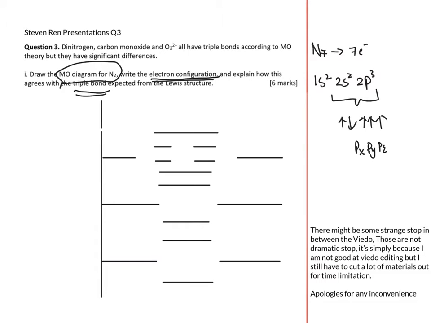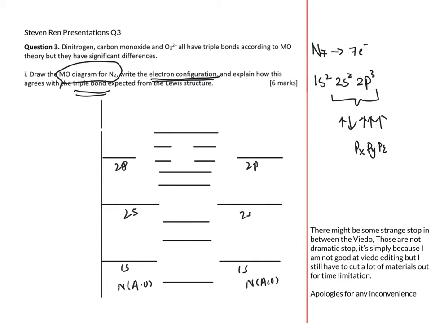So here is the template of the MO diagram for N2 I draw on the left hand side. There will be 3 different energy levels, which is 1s, 2s, and 2p. On the side would be the atomic orbitals for nitrogen, and this part would be the same.